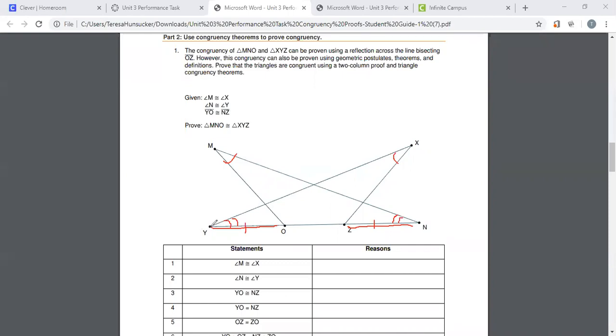Okay, so this is one side, and then this is the other side of the left triangle. Do you notice how they share ZO? So ZO can be congruent to itself by the reflexive property.